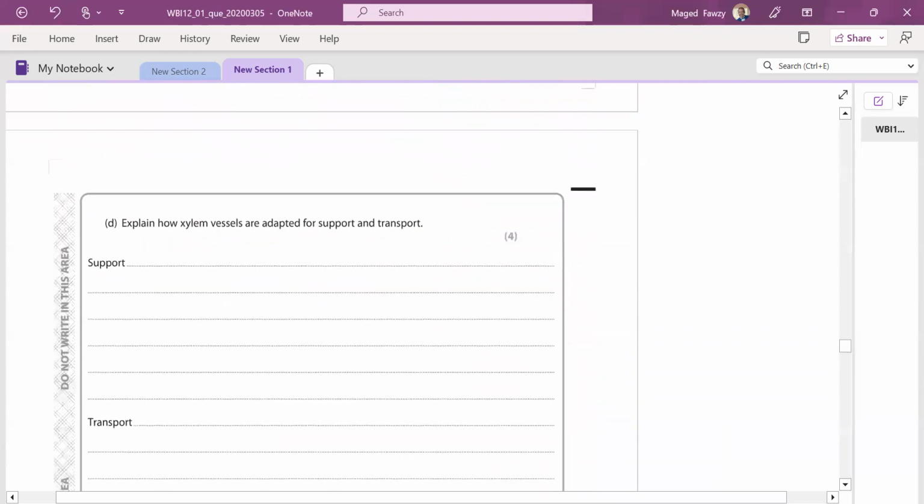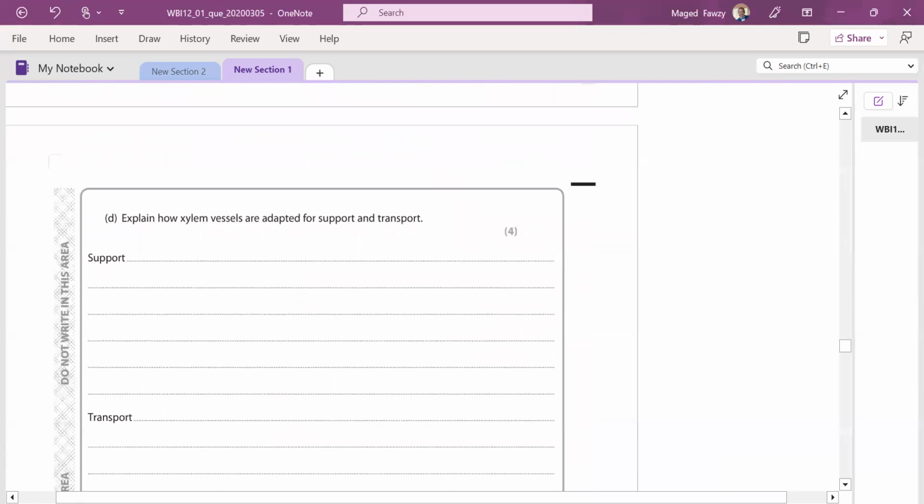Explain support and talk about the structure.